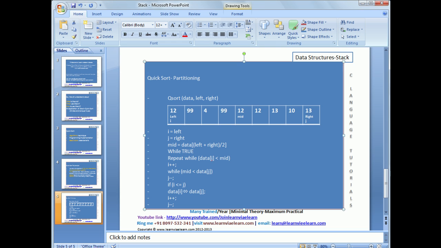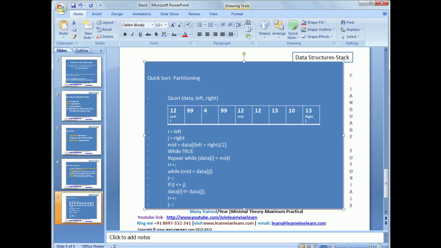For instance, if my pivot element is 12, we will try to make this array in such a way that all the elements smaller than the pivot element are on the left side, and all the elements greater than the pivot element are on the right side.